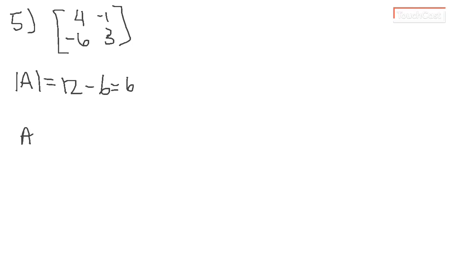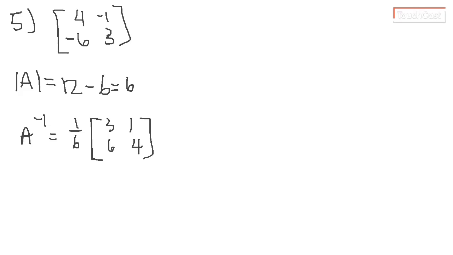So our inverse matrix is going to be 1/6 times our original matrix. In fact, before we say our original matrix, we switch the A and the D terms. So we switch 3 and 4. And then we take the opposite of the B and the C terms. So we've got 3, 1, 6, 4.